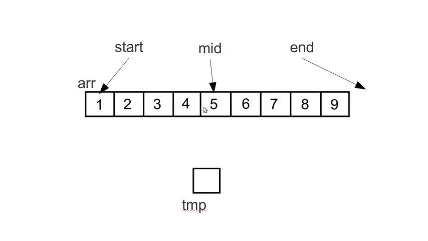So once again, here I would do my comparison. Let's say this time I was searching for 7. Okay, so what exactly would happen? Well, if I was searching for 7, I would say, well, 7 is not 5. And so I would then ask, is 7 less than or greater than 5? Because 7 is greater than 5, I take my start value and I point it to be 1 bigger than the mid.